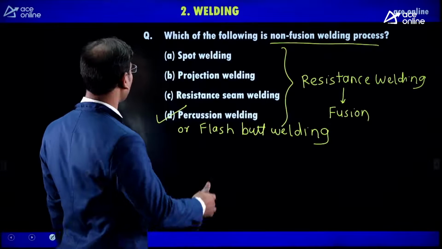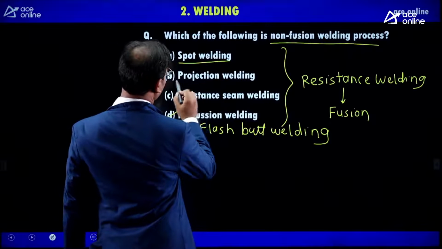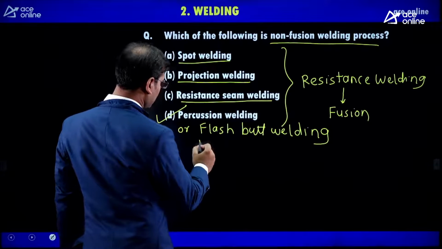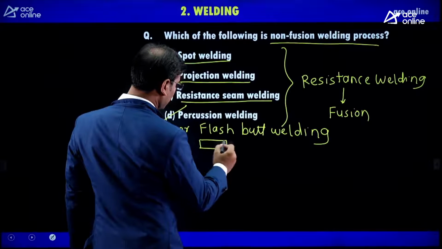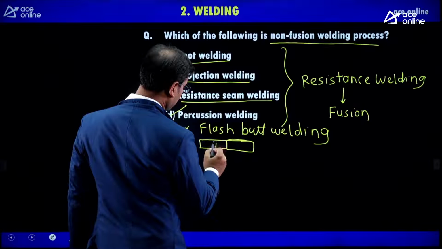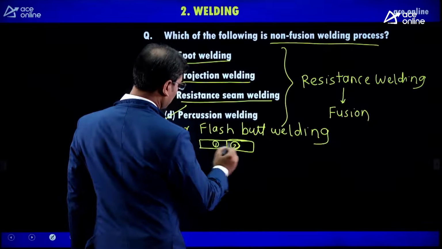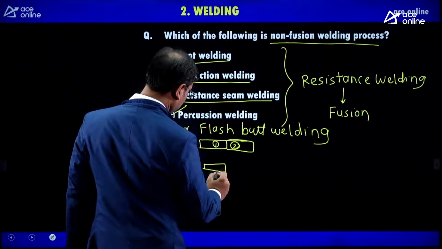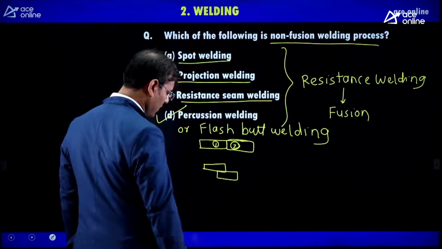And guys, these all are lap welding, and here you can see that percussion welding is butt welding. This is one shaft and this is the second shaft. We are going to join shaft 1 and shaft 2, and this is known as butt welding. But the other weldings are lap welding.